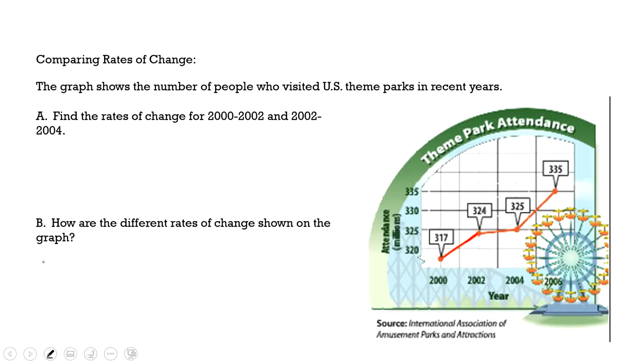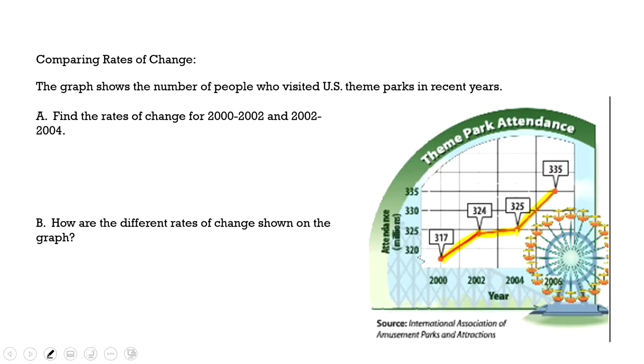So as we see this, our rates of change are changing. Each section of the line is a little bit different slope or steepness than the section before it. So that tells us that we're not looking at a constant rate of change. The rate of change is changing between 2 points on the graph.